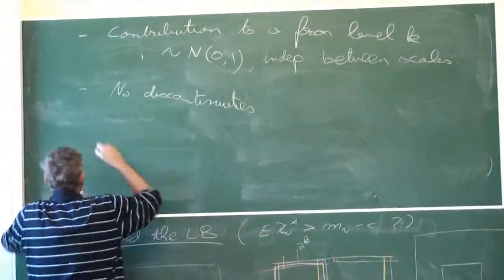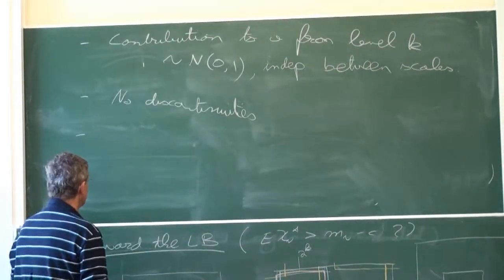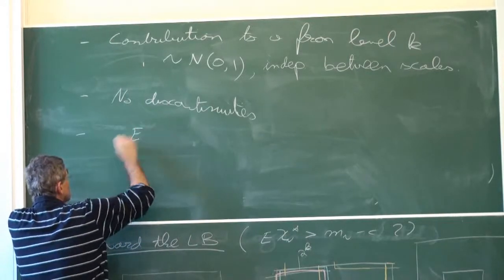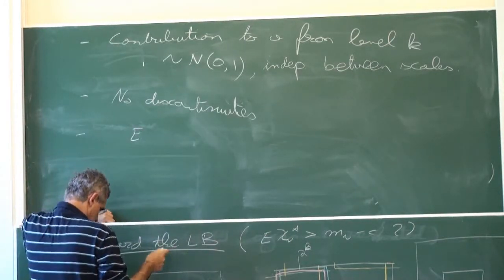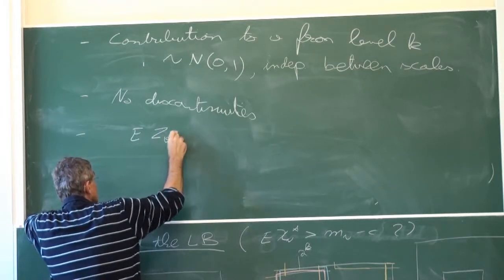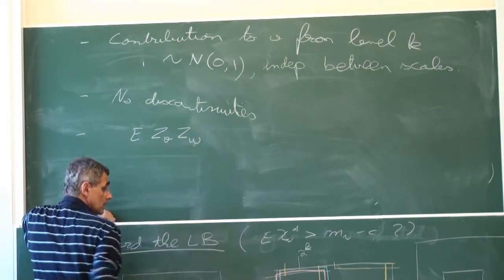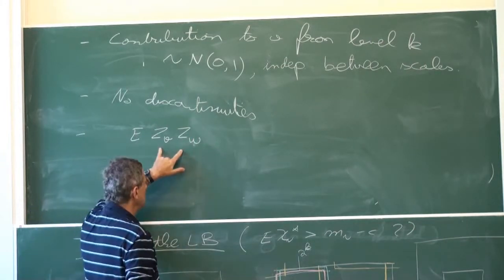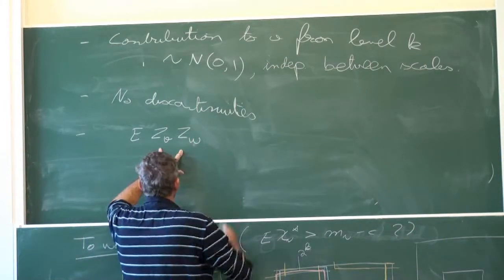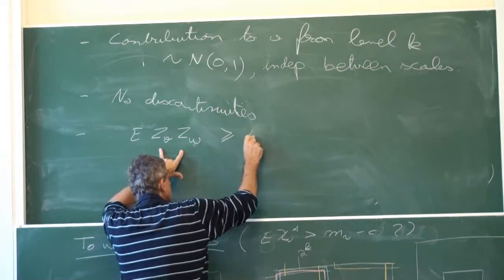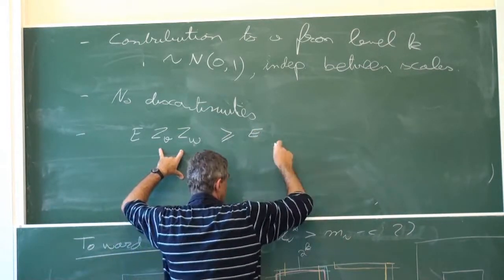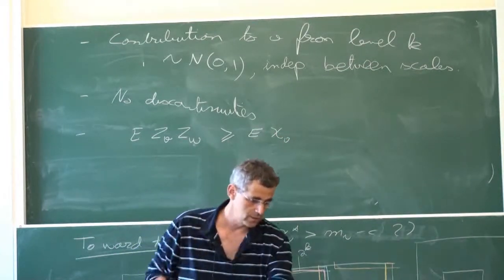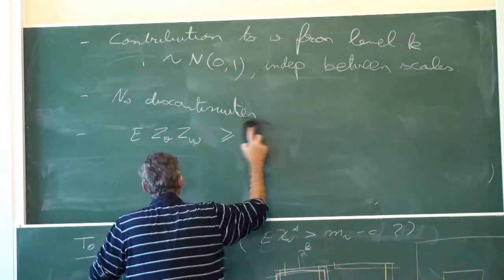The third point is that if we look at the expectation of Z_V Z_W, okay, this correlation is larger than the same thing for the Gaussian free field, X_V. Actually, let me write it in the way we are going to use it.